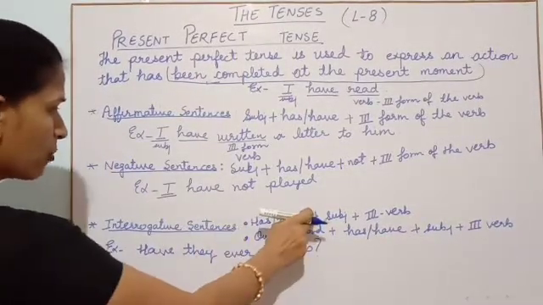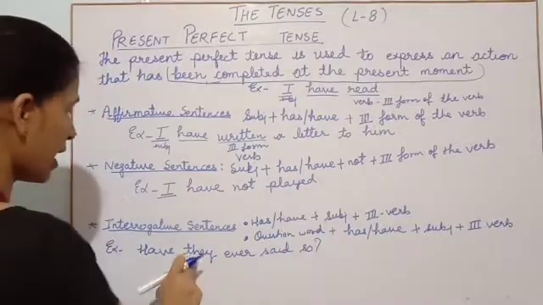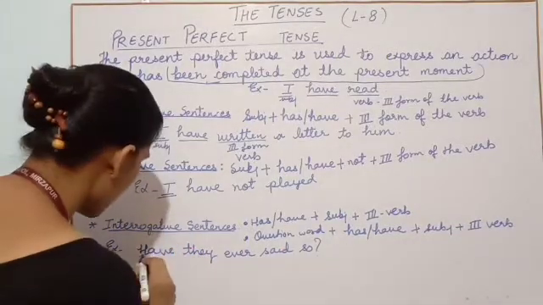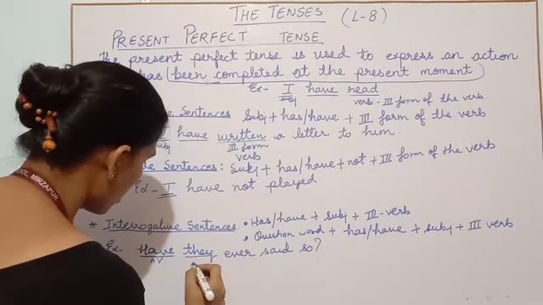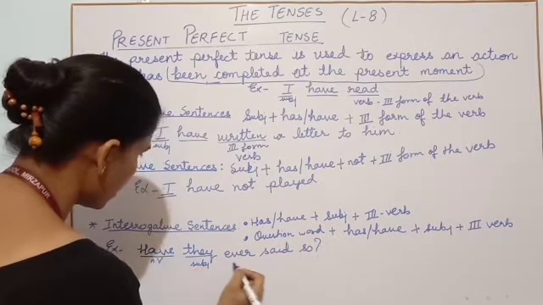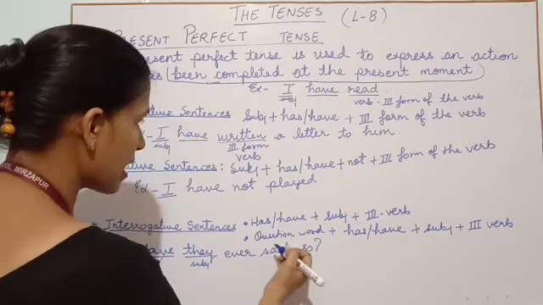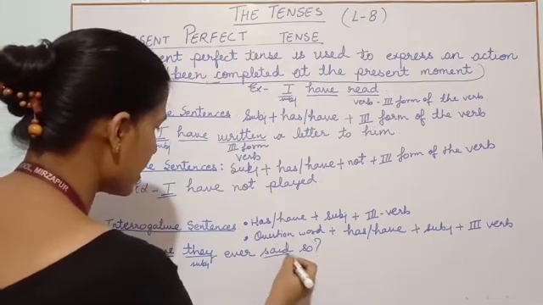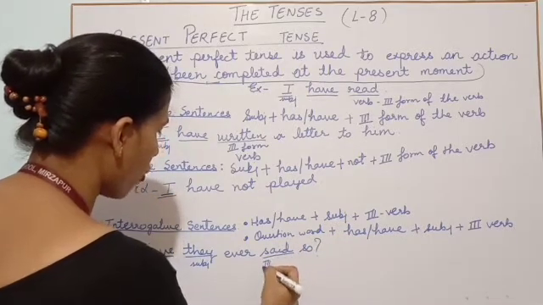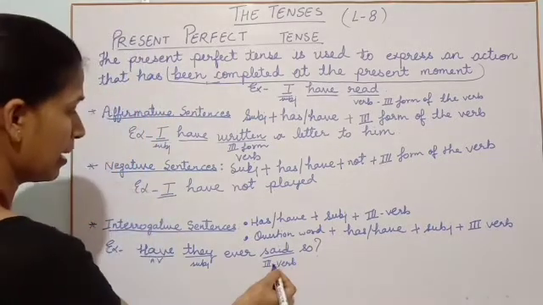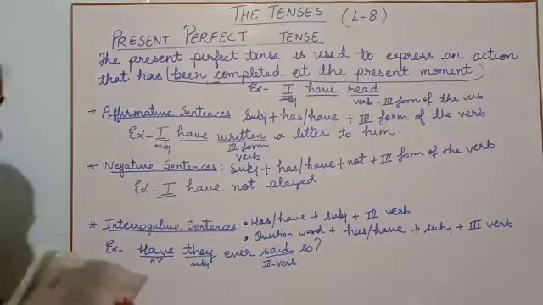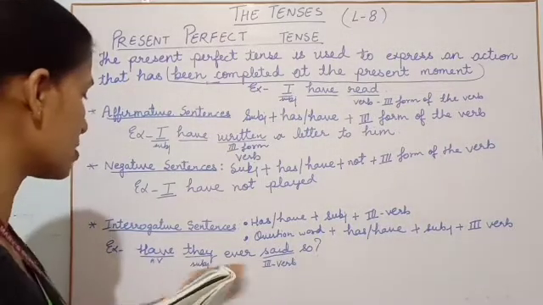Then what our formula says, we have to use subject. Then they is your subject. This is your auxiliary verb you have taken. This is your subject you have taken. Then ever said so. Said is your third form of the verb. Isn't it? So see how we have fit.